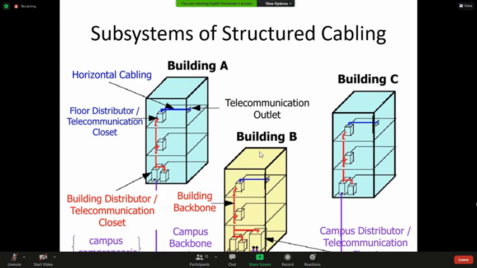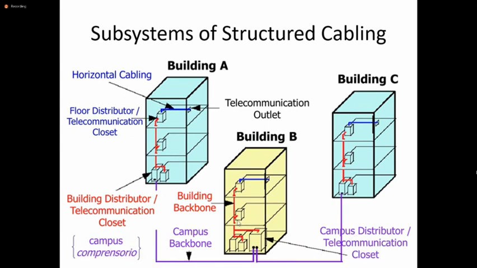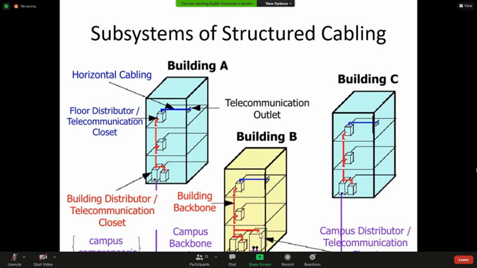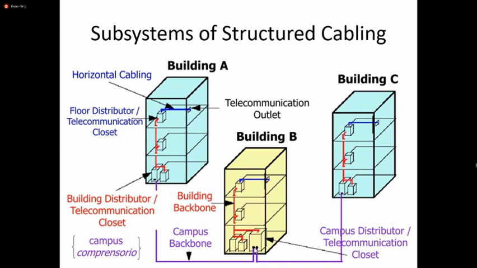According to this diagram with these three buildings, we can consider building B as the main point, because every other building connects here, right? So you can see there's a separate cabinet for the connection of buildings.